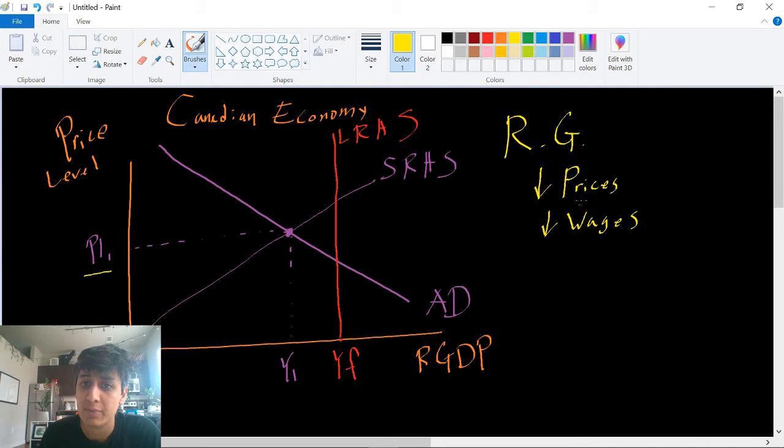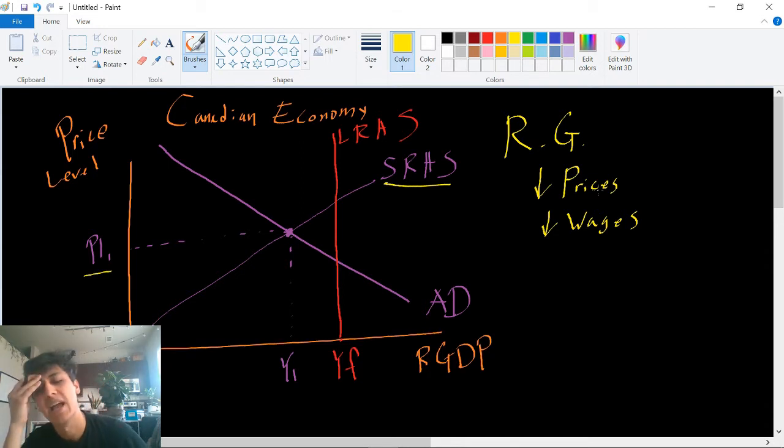And if you remember our determinants, what can shift and affect and influence the aggregate supply? Well, it's prices and wages, right? If things get cheaper or easier to produce, then we will have an increase in the short-run aggregate supply. And you can think of wages and workers, those are inputs, right?